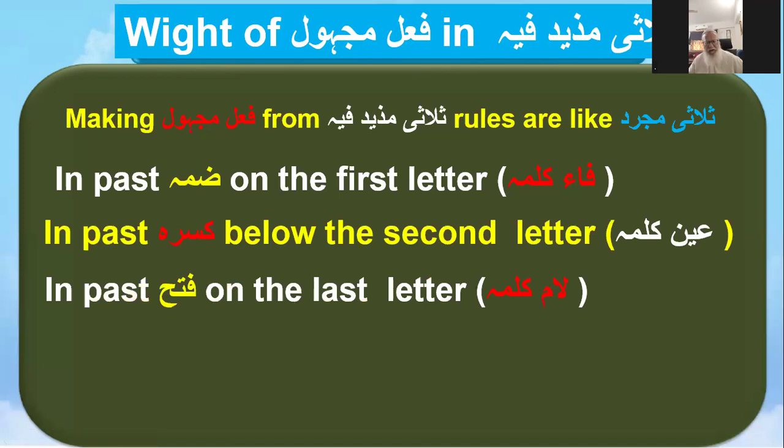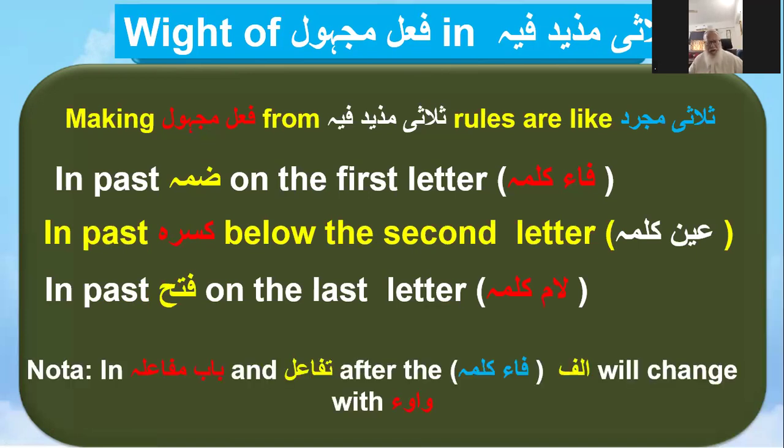The last letter, lam kalima, will have fatha. The same rule is applied as in the madi for the salasi mujarrad. In bab mufa'ala and tafa'ul, after the fa kalima, the alif will change to waw. That is an exceptional rule. You have to memorize it.